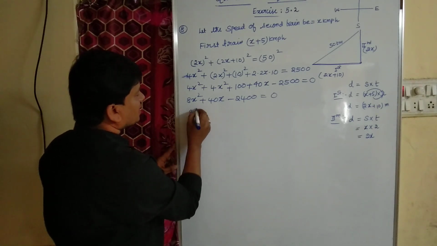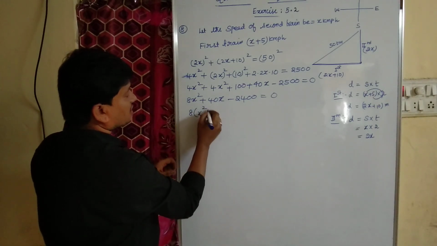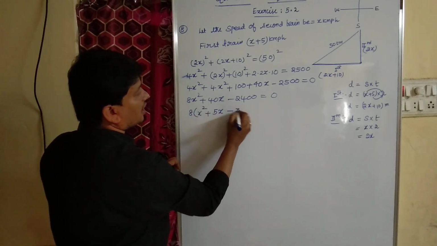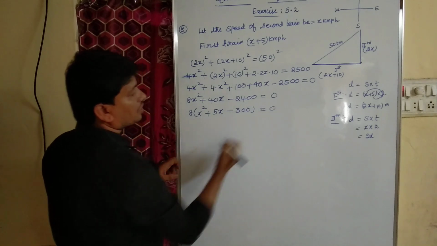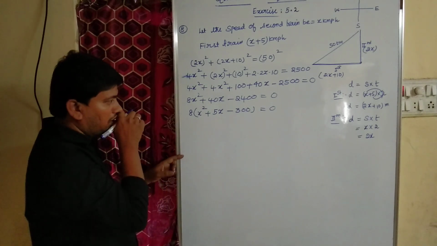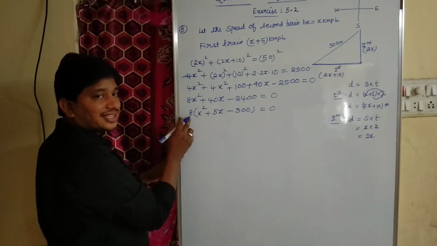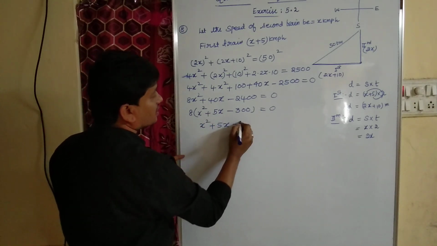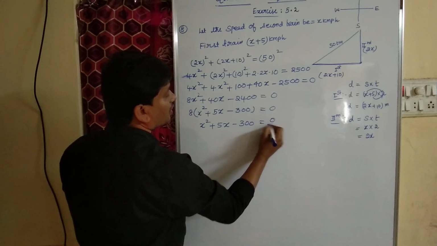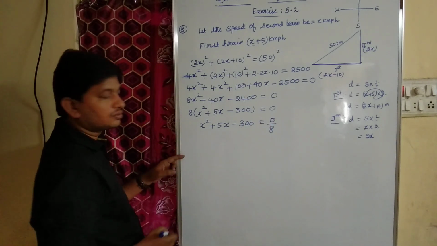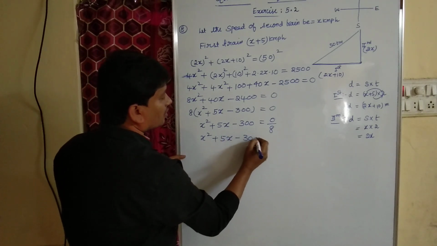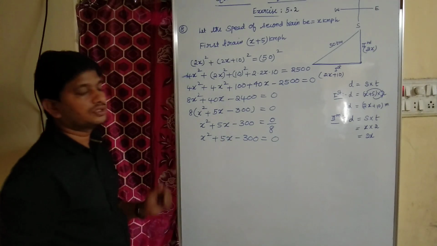Okay, I can take 8 as common. 8 into x square plus 5x minus 300 equal to 0. As 8 is multiplying, transposing it, 0 by 8 is 0 only, children. x square plus 5x minus 300 equal to 0.